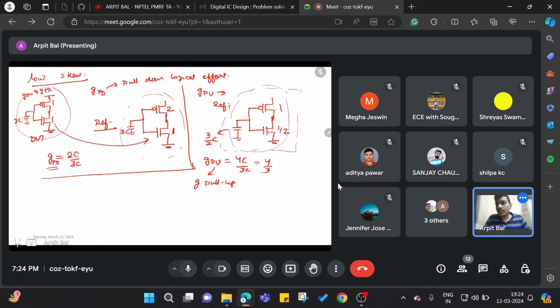We normalize it with respect to an inverter, and these are the reference inverters.